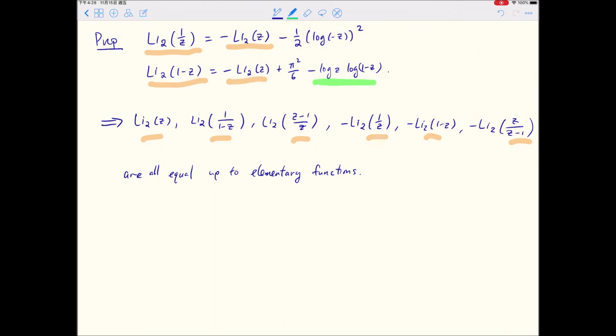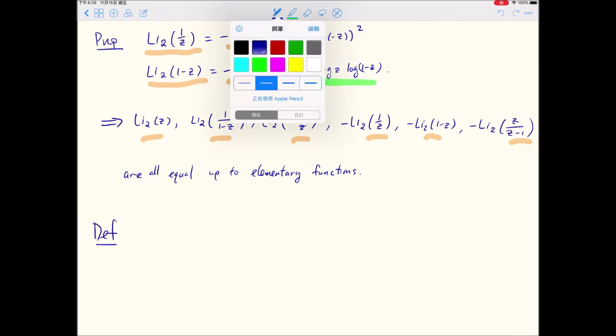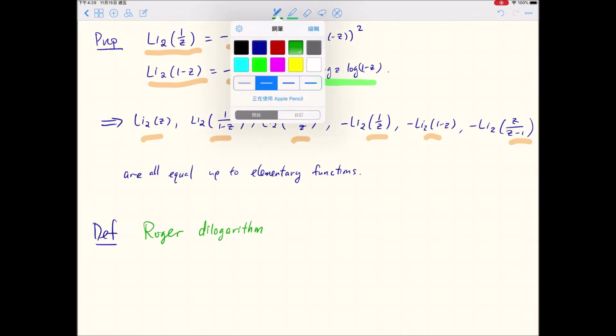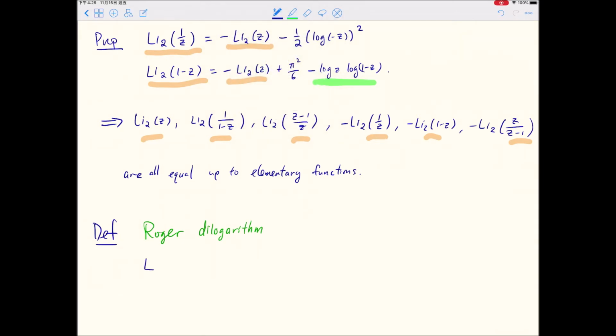So the corresponding definition is called the Rogers Dilogarithm. The Rogers Dilogarithm function will be defined by the standard Dilogarithm, but you shift by this elementary part.